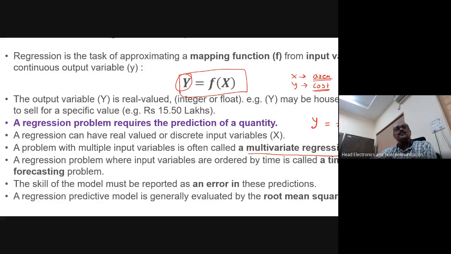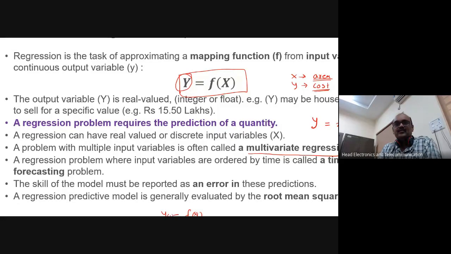A regression problem where input variables are ordered by time is called time series forecasting. If there is a timestamp on the input, and I want the output for the first time instance, then y1 is equal to f of x1, then y2 is f of x2, where 2 now indicates the second time instant.